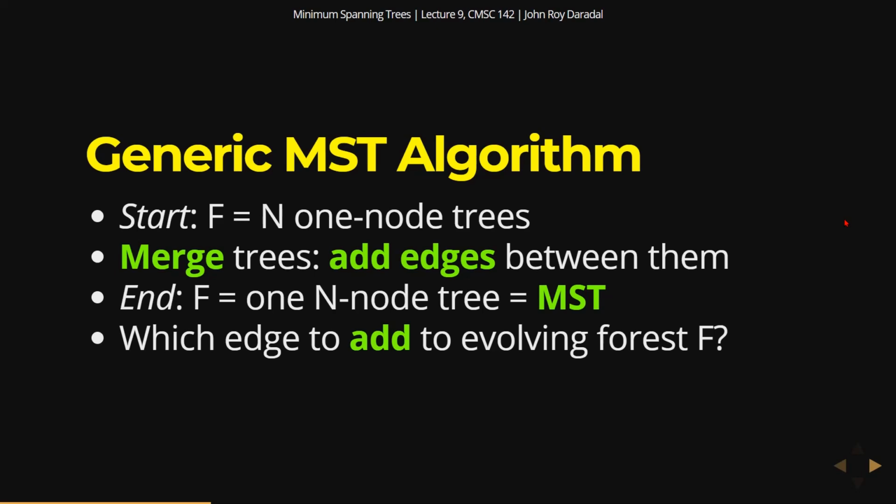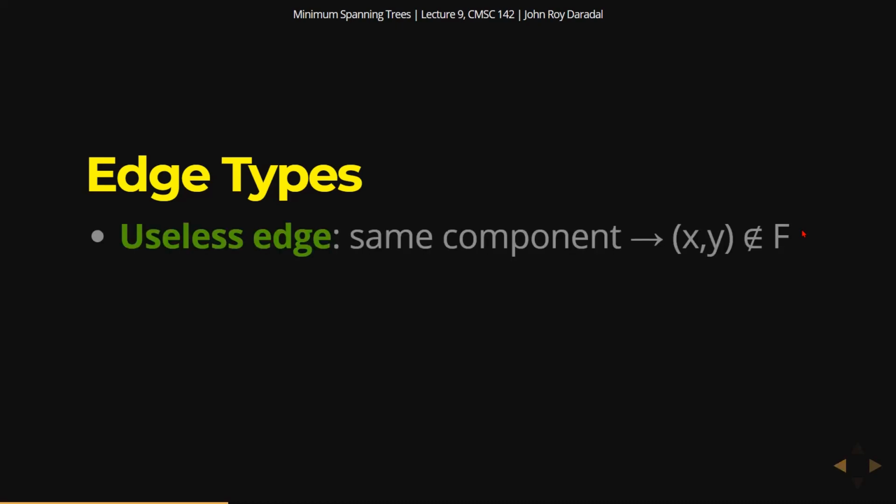Okay, the question is, which edge should you add to the evolving forest? Because we said here that we will be merging trees by adding edges between them. So the question now is, which edge should you add? During the execution, we would be classifying edges into 3 types: a useless edge, a safe edge, or an unknown, unspecified one.